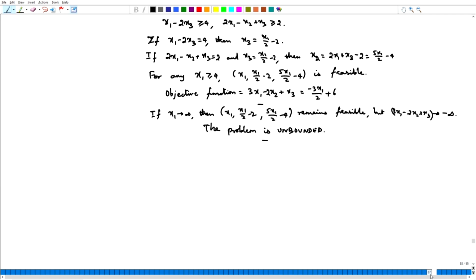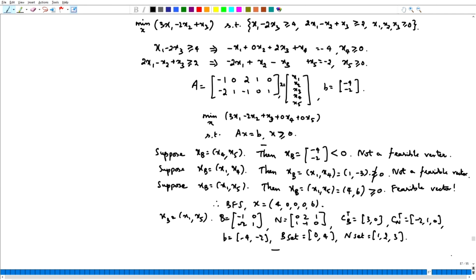So, before closing our discussion on simplex method, I wanted to discuss two issues in the simplex method, right. One of the issues is something that we saw in this problem itself. If you check this particular problem, the first step of course is converting the given LP into its standard form, to be very precise.